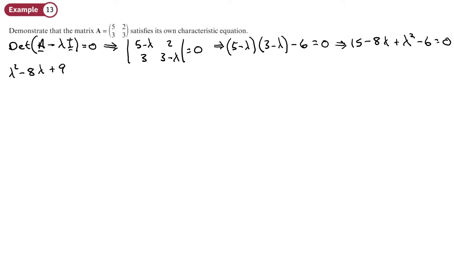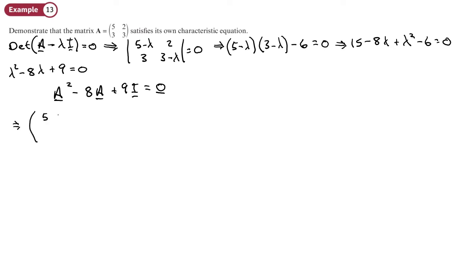plus 9 equals 0. If matrix A here is going to satisfy its own characteristic equation, then we need to show that A squared minus 8 times A, plus 9 times the identity equals the 0 matrix. So we need to show whether this is true. Now it's just about doing calculations.